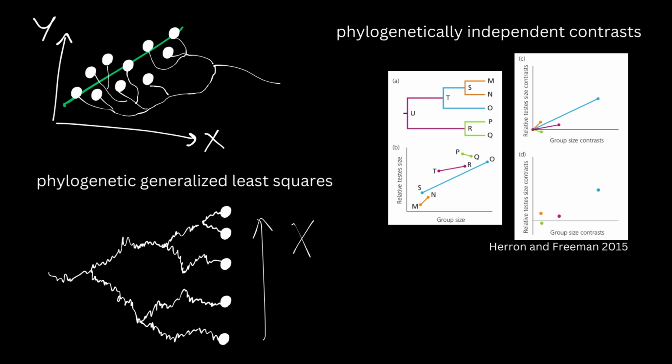You have to assume a certain model, a mathematical model, according to which this could have evolved. So usually people use very simple mathematical models. One very simple one is called the Brownian motion model, where we just assume that this trait, this variable x, has evolved along the branches of the phylogeny in a random walk kind of fashion, like the diffusion of a gas, basically. But there are other models that can be used.